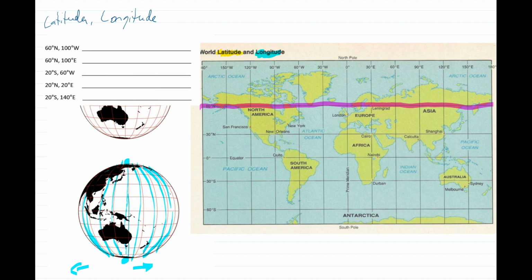Okay, well that's 100 degrees west of Greenwich. Now there's no line for 100 degrees, but it's still there. Okay, it's going to be 90. If that's 120 there, 100 degrees is going to be roughly here. So, the question is, what continent exists at this location? So, what continent is where those two grid lines intersect? It's North America.